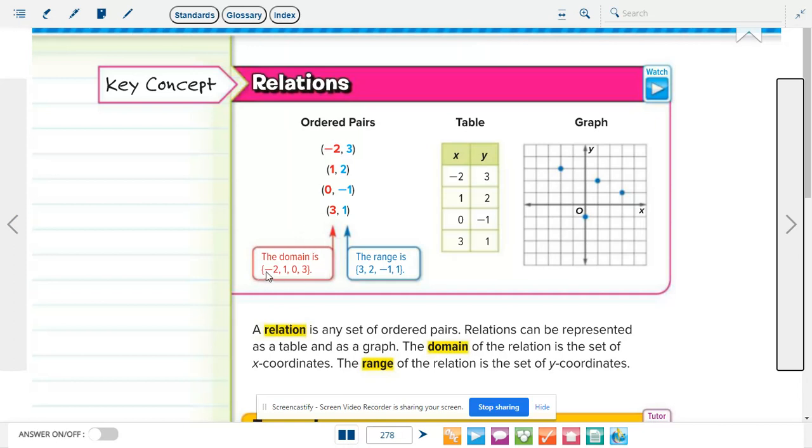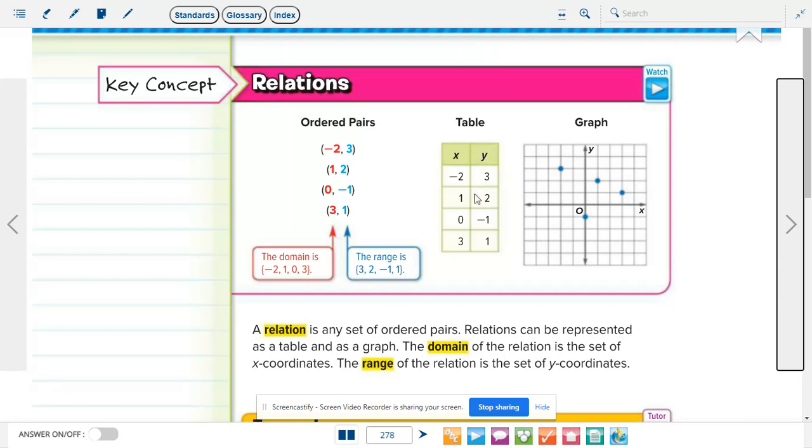You can see how they just listed them in order. -2, 1, 0, 3. Then your range is just the y values in a relation. When they're written in ordered pairs, you can see that the second number is your range value. So 3, 2, -1, and 1.